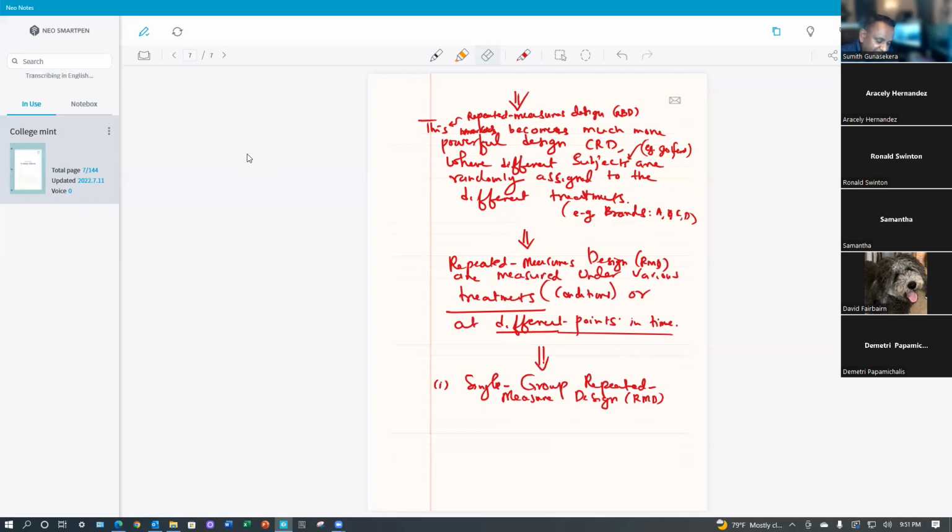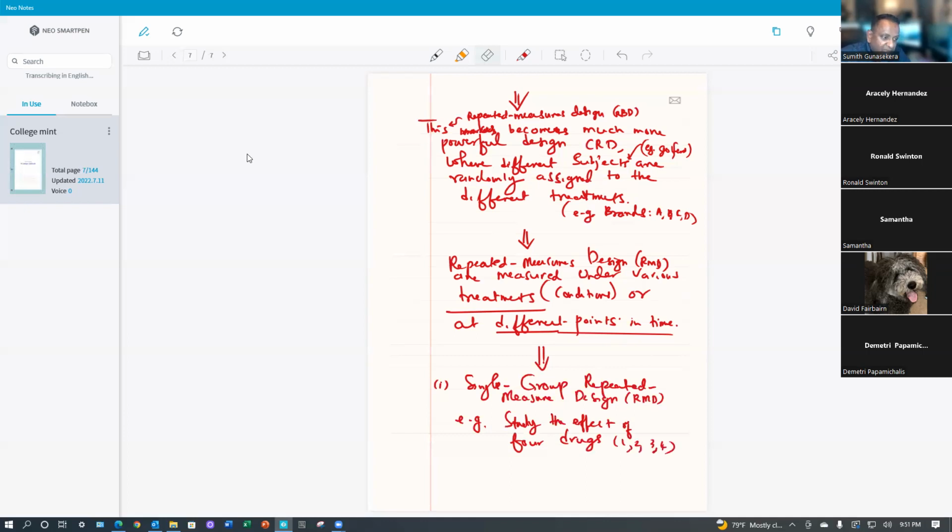This one, you can say, is the same example that we had earlier. Study the effect of, like, the 4 brands that I was talking about in the previous example. I can talk about something like 4 drugs: 1, 2, 3, and 4.